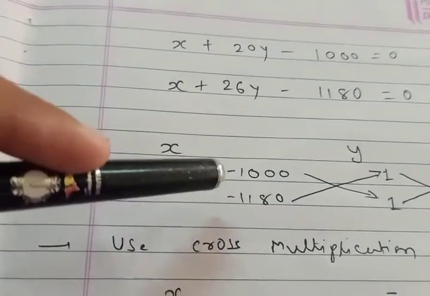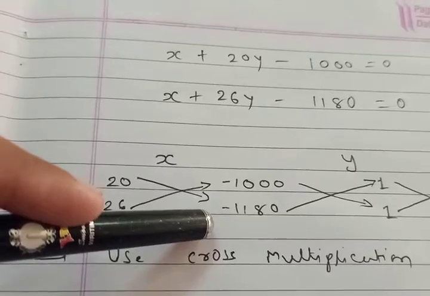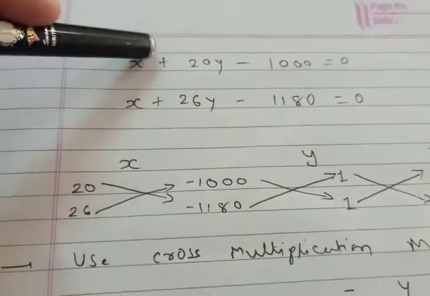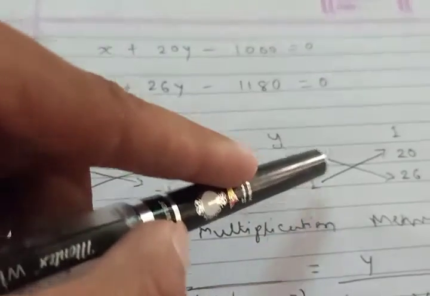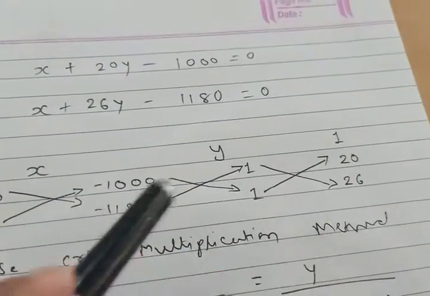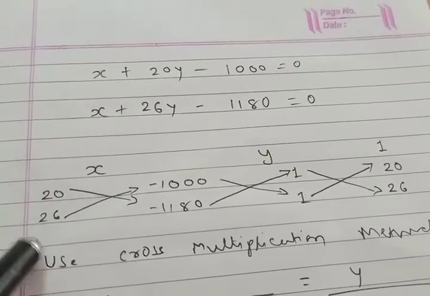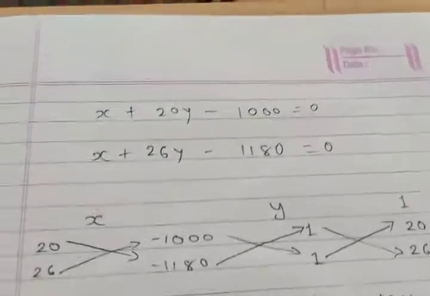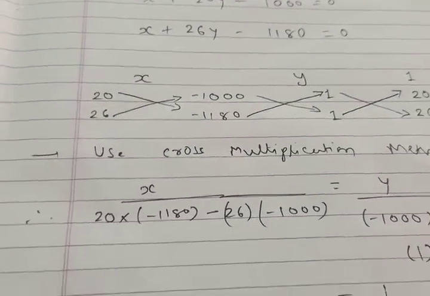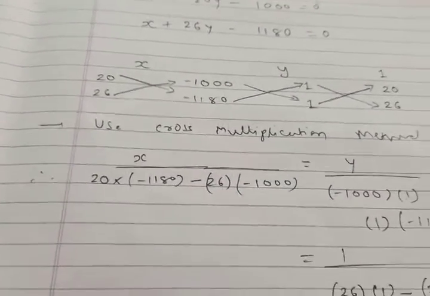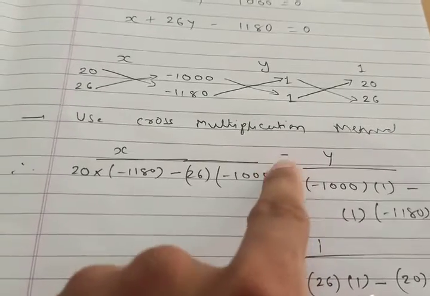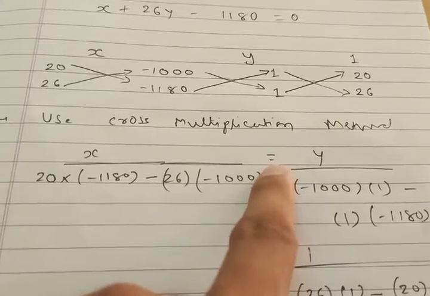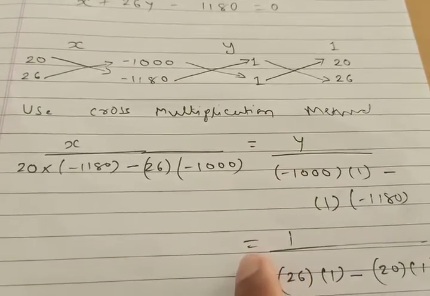So put negative 1000, negative 1180, and the coefficients of x, that is 1, 1, and last the coefficients of y repeated, 20 and 26. Understand? Now we use the cross multiplication method. I told you already to put the equals sign between x, y and 1.